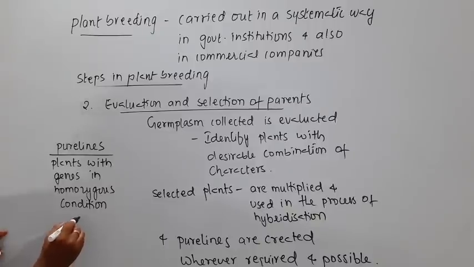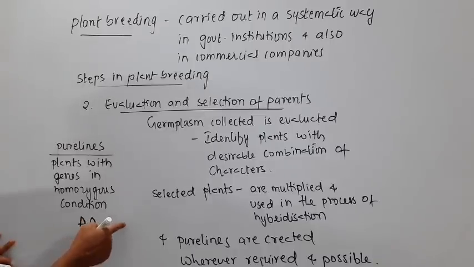So if you see, we know in a diploid organism, there will be two alleles for a character. So here you will find capital A, capital A. If these two alleles are of the same type, when I mention a capital, it may be dominant, and if I mention small, it is recessive. Whether dominant or recessive, if this is dominant and the other one is also dominant, then it becomes a homozygous condition.